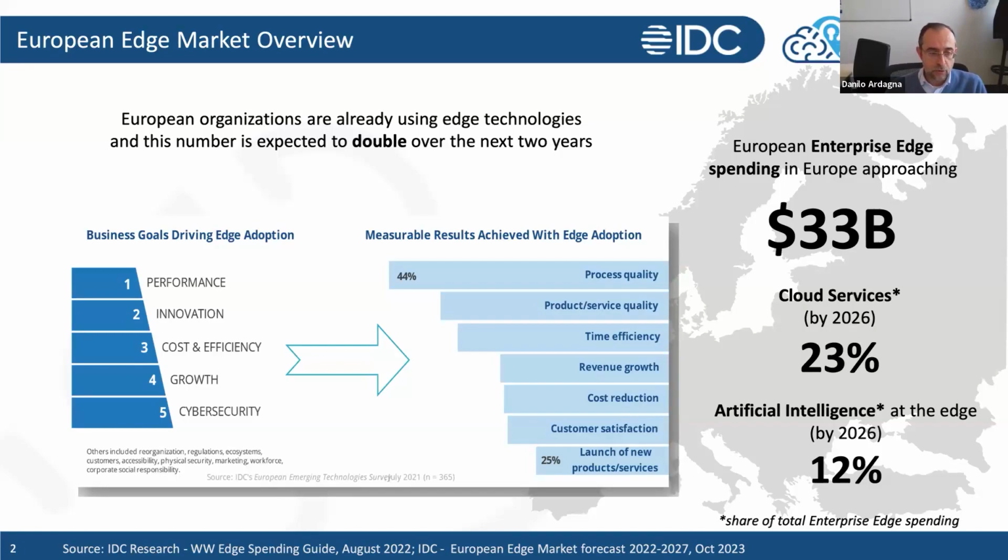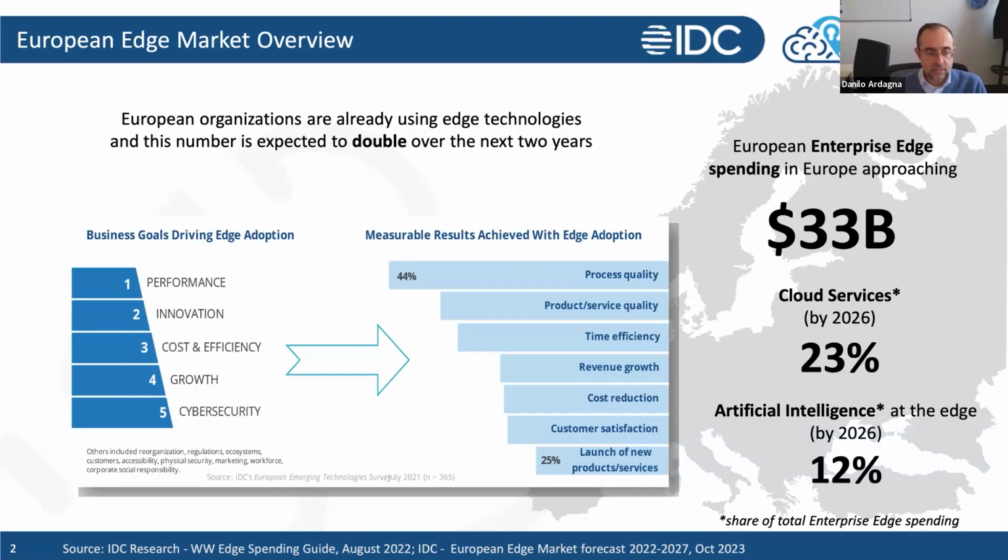European companies already use edge computing solutions, and the edge is expected to double in the next 2 years. If we look at the market size, 23% of the market is devoted to the cloud services that provide the backend to the computing continuum, and artificial intelligence weighs about 12% in the market today, and is expected to double in the next 2 years too.